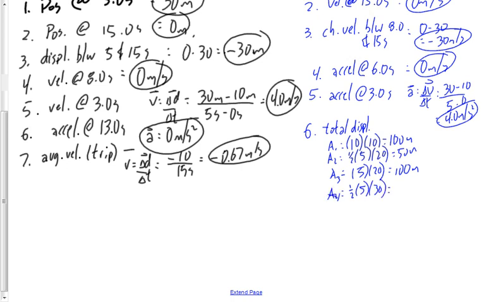Now 1/2 of 5 times 30 is 75. We add those up. What do we get? 200, 250, 325. So the total displacement here would be 325.